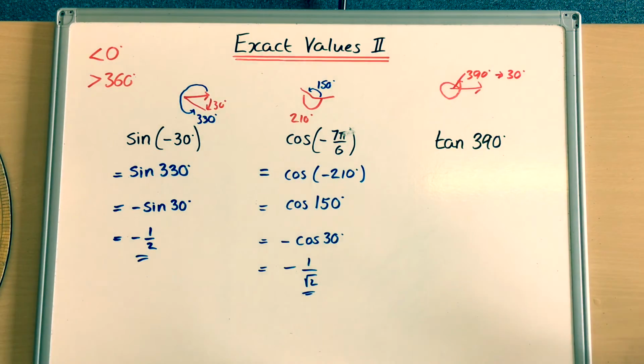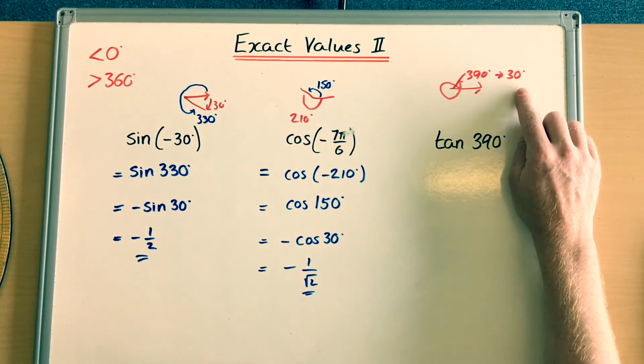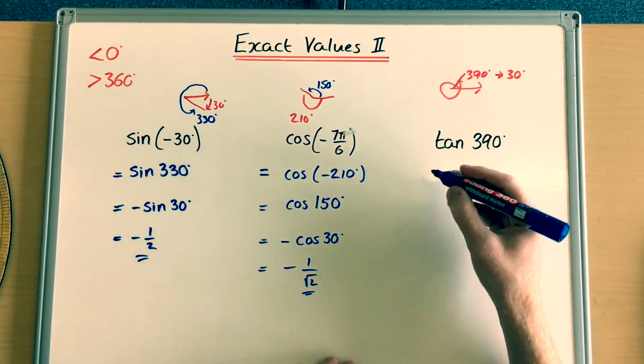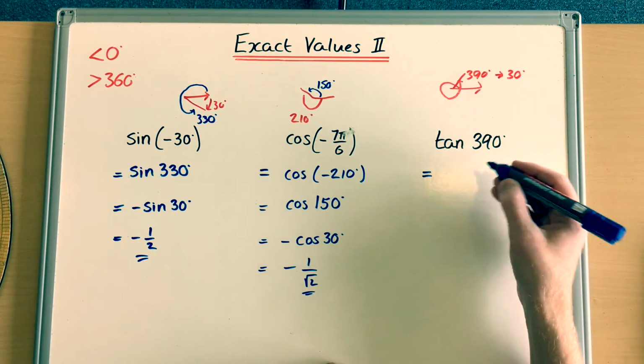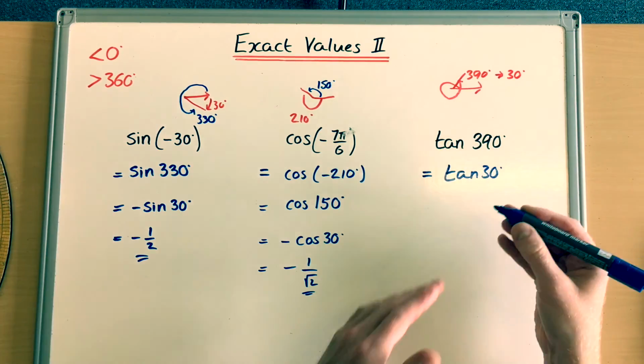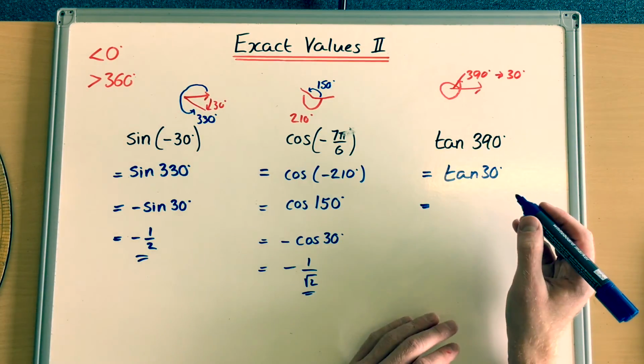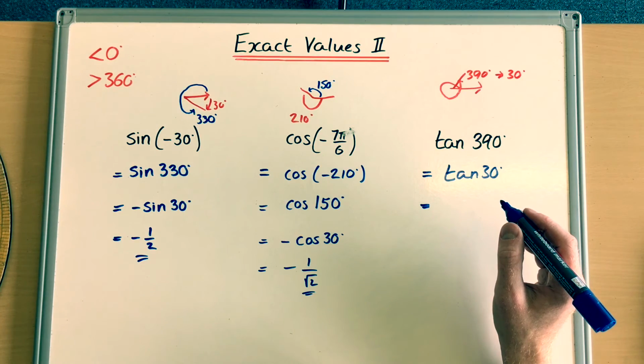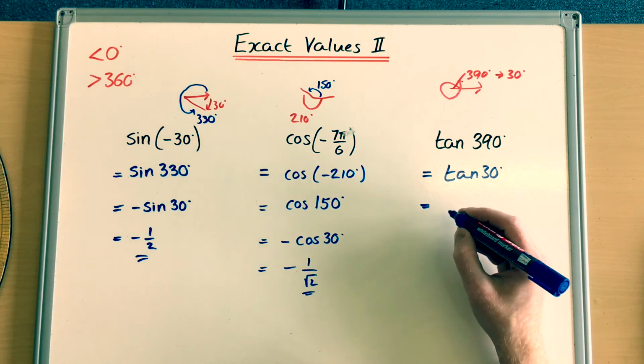And then again, another quick way to get that is, if it's more than 360, simply take away 360, and whatever you're left with, that's what you're going to find instead. Okay, so instead of tan 390, I'm going to find tan 30. This time this can go straight into my exact values. I don't need a cast diagram here, so that's going to give me 1 over root 3.